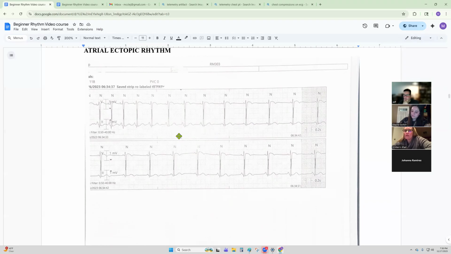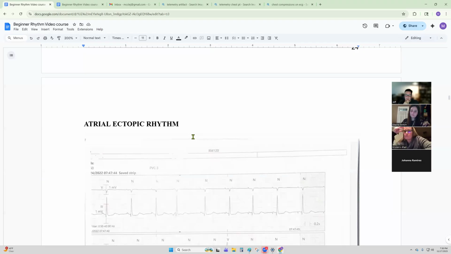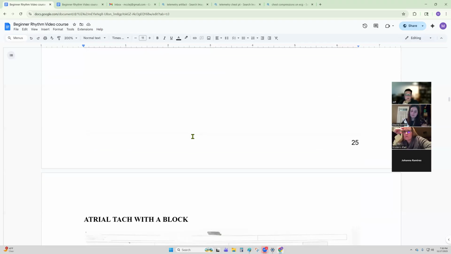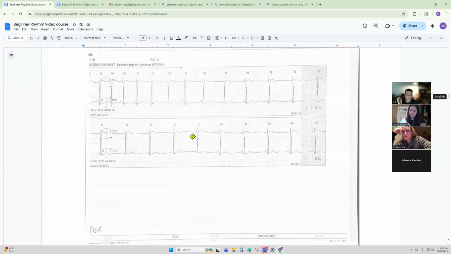So we have an atrial topic. We have two different P waves there. These are kind of bundled in with SVTs, but an atrial tach or PAT, paroxysmal atrial tachycardia, is just another form of SVT. It's when you see an obvious different P wave that suddenly puts the heart rate up above 100.